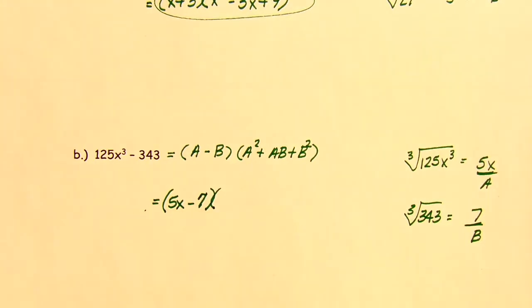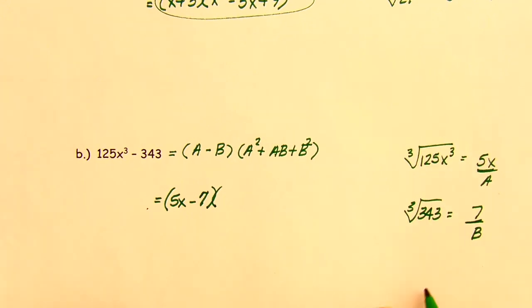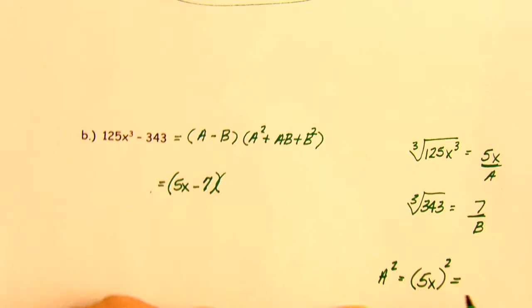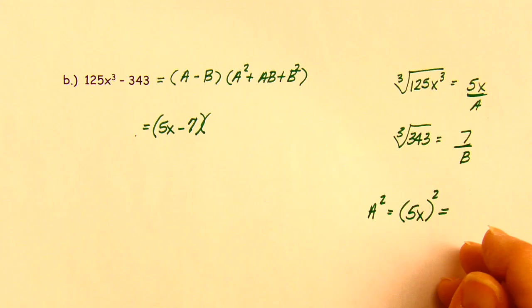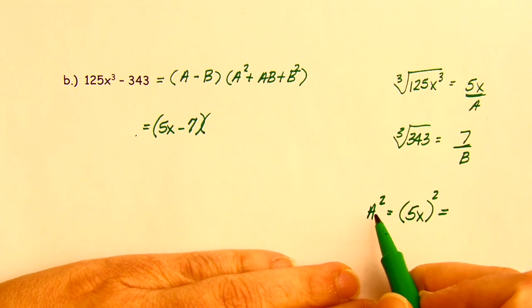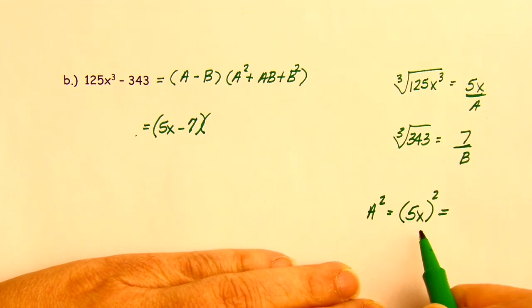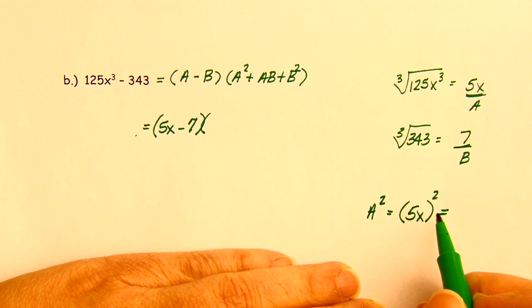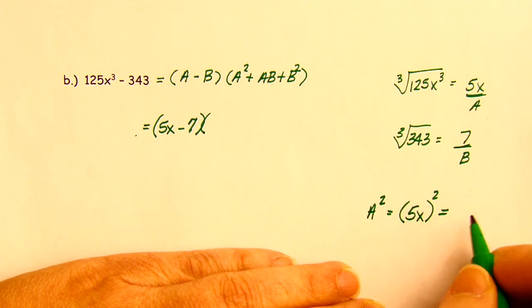Now here's where sometimes students get mixed up. When you take the A value, which happens to be 5x, and you square it, well, you have to square the 5 and the x. Okay? So again, if I take my A and I square it, and my A value is 5x, that's going to be 5x times 5x, or 25x squared.